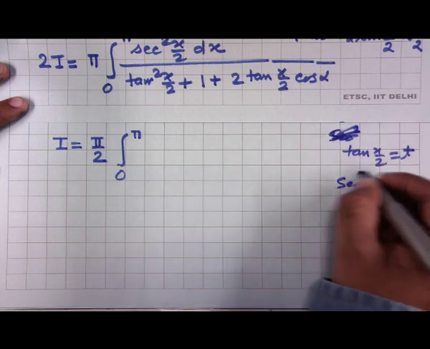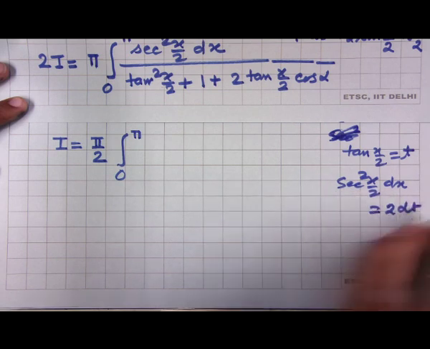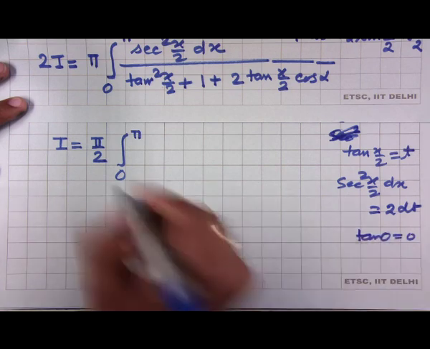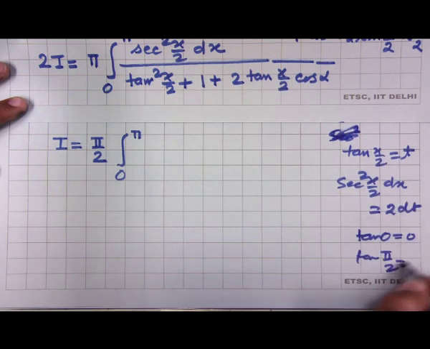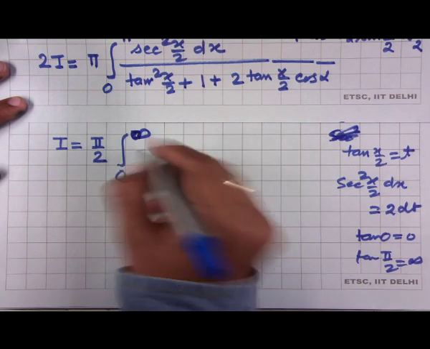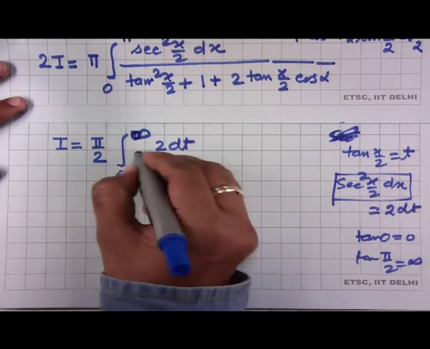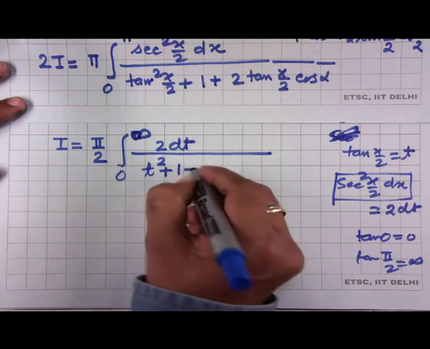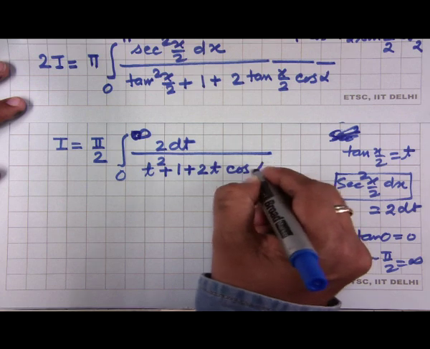So you get sec square x by 2 dx is equal to 2 dt, and the limit: tan 0 will be 0, so t will be 0 at 0, and at pi you get tan pi by 2, which is infinity, so the limit will be 0 to infinity. So you get 2 dt upon t square plus 1 plus 2t cos alpha.